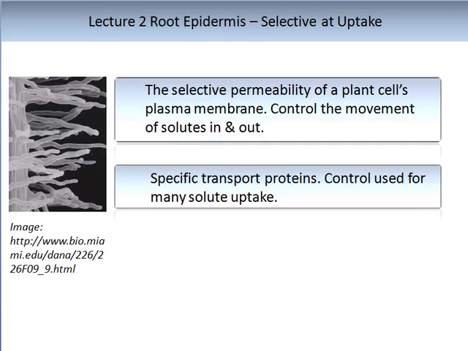Water easily passes through a selectively permeable membrane. Specific transport proteins in these membranes are the mechanism that controls and allows the solutes that are larger than water to be taken up. We will talk about these in more detail in the next lecture.